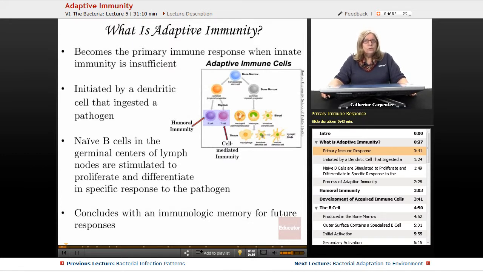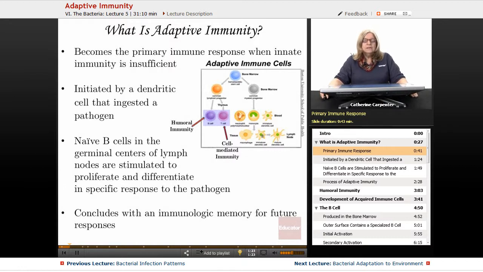And it also has a memory bank, a bank of cells that were previously exposed to pathogens, and they've remembered the shape of the pathogen, and they can be called up into action very quickly. So even though adaptive immunity essentially only includes two cells, the T cells and the B cells, in my opinion, it's the more complex arm of the immune system.